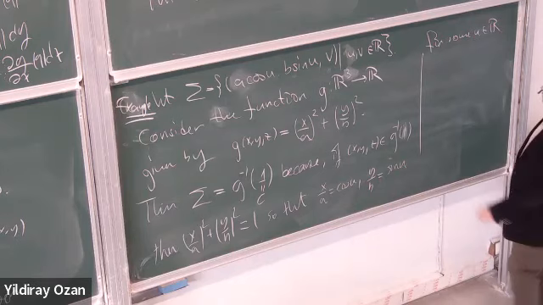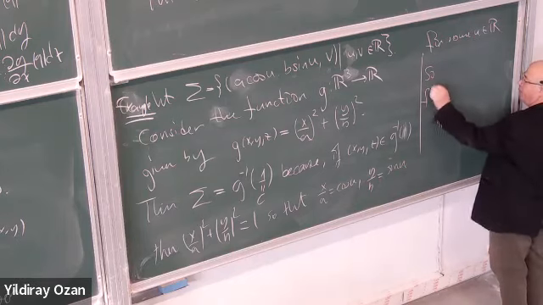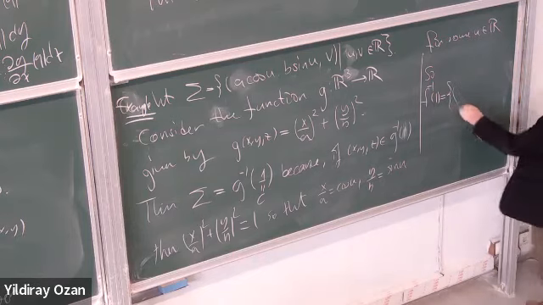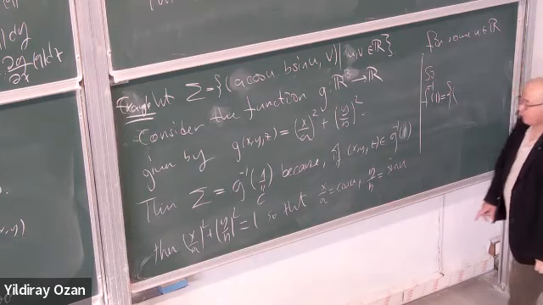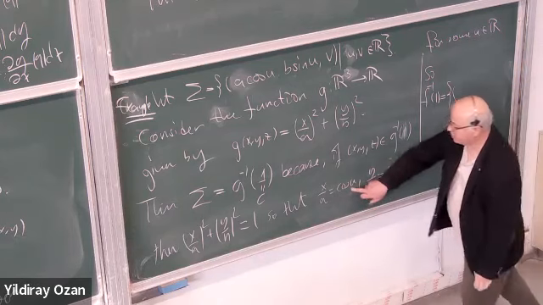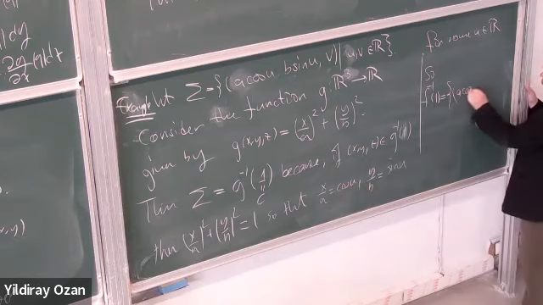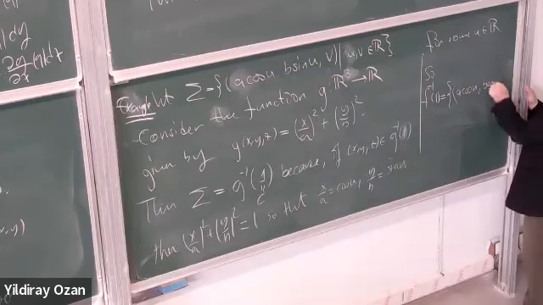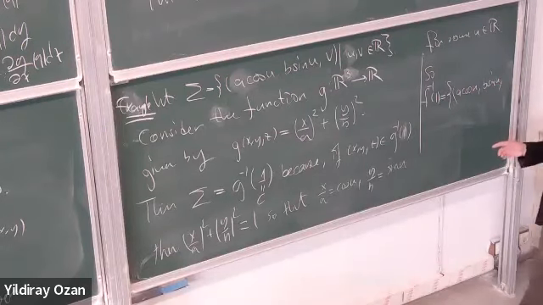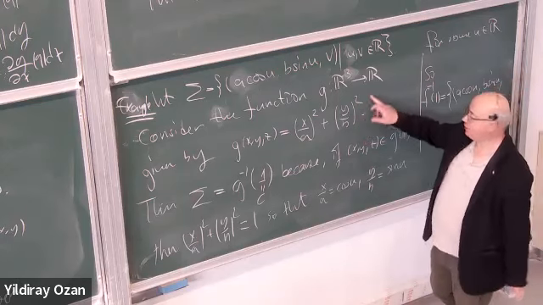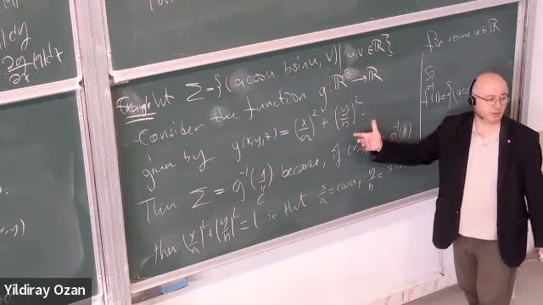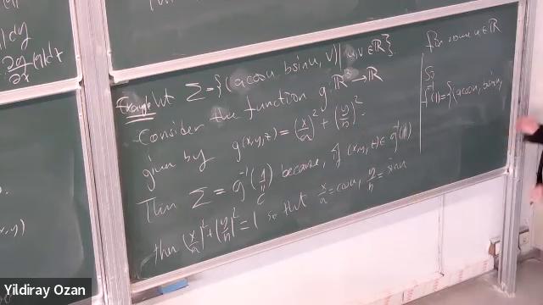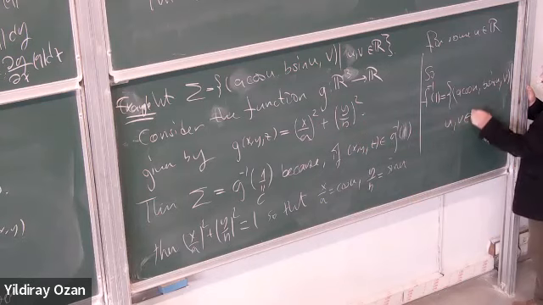So g inverse of 1 is equal to what? The x coordinate is a times cosine u, the y coordinate is b times sine u. And what about the z coordinate? The z coordinate could be anything, because this function is independent of z. Here u and v are just real numbers.